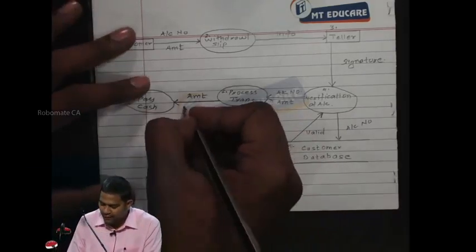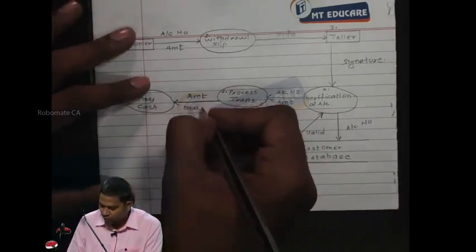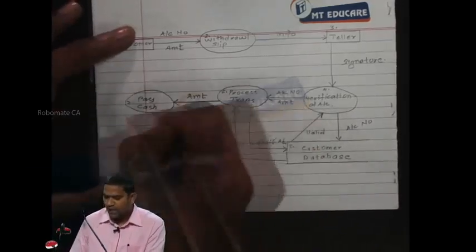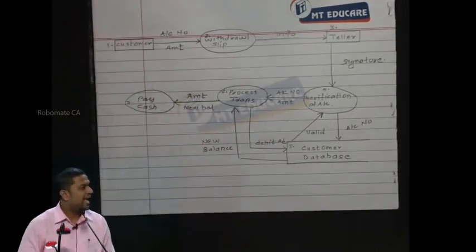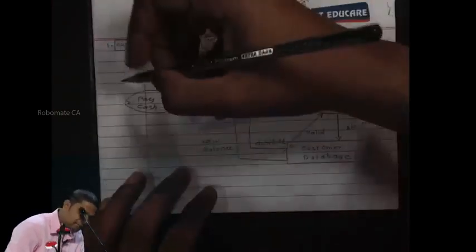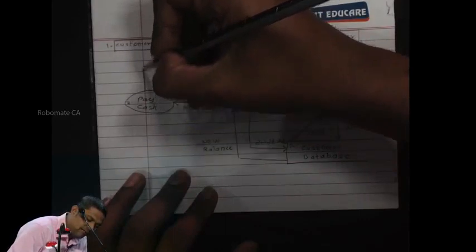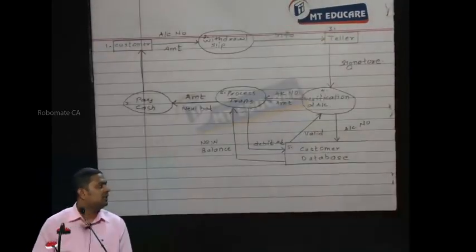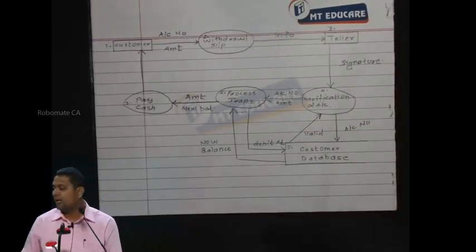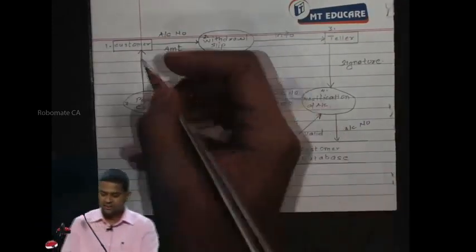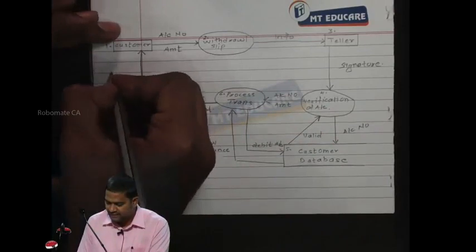And the new balance is also shown in the pay cash. And then this pay cash will be given to the final customer, and that in technical terms is called a receipt.